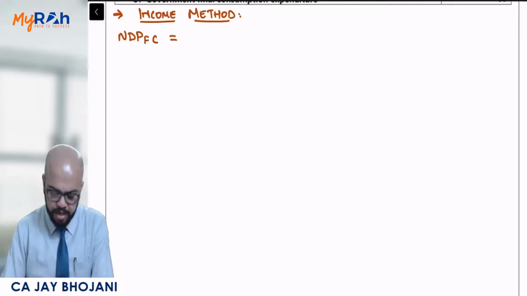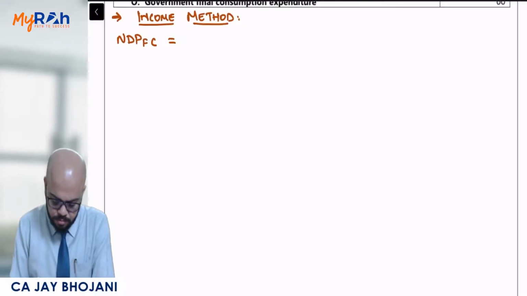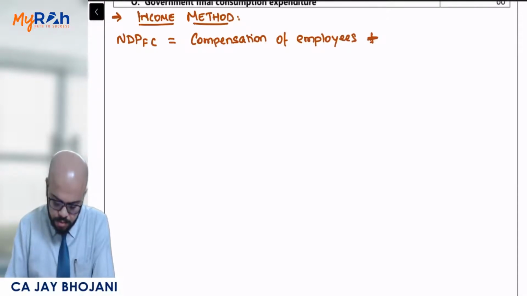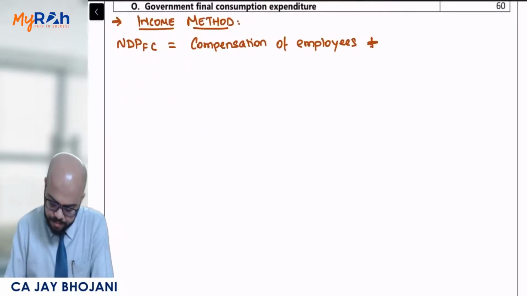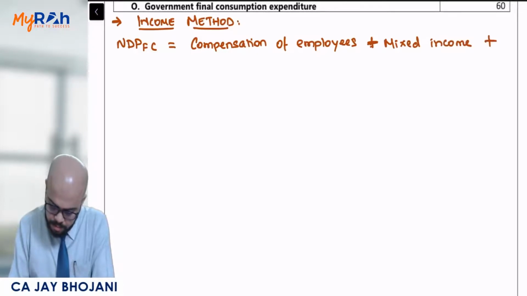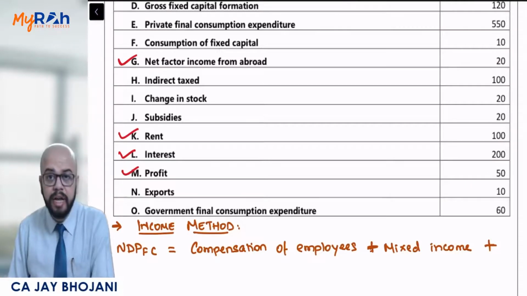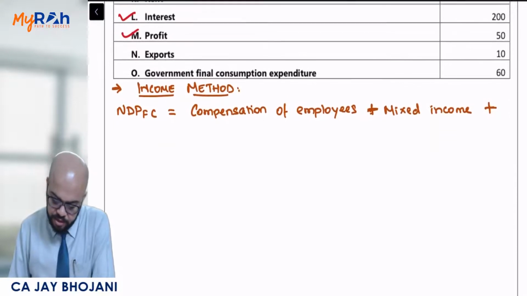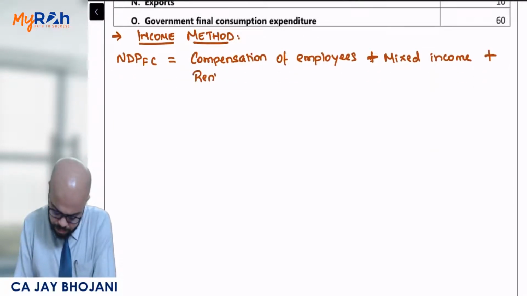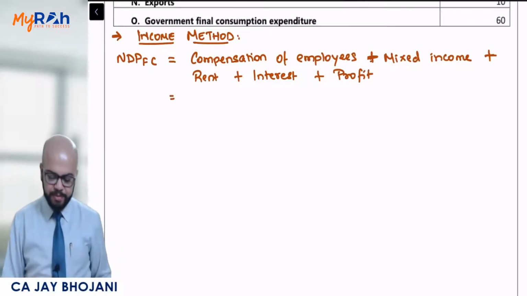So the formula we use will be compensation of employees plus mixed income, plus NFIA will be added later, so not now, rent, interest and profit. This is it for NDPFC.